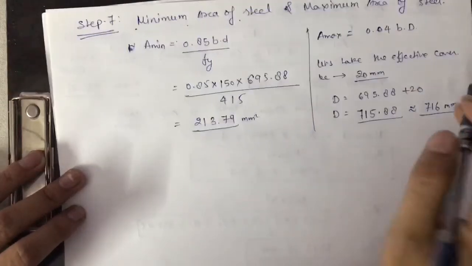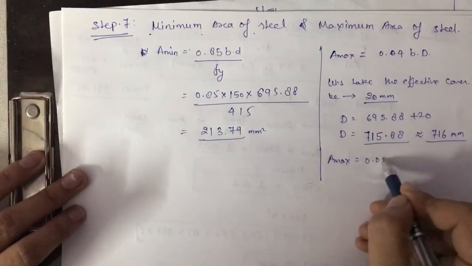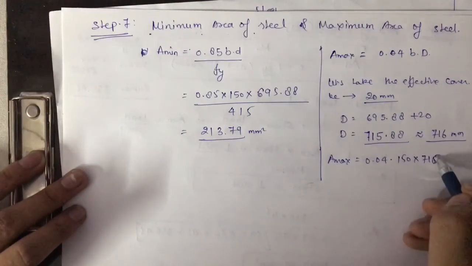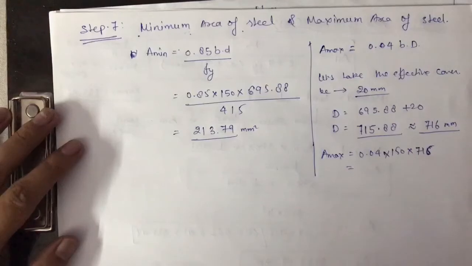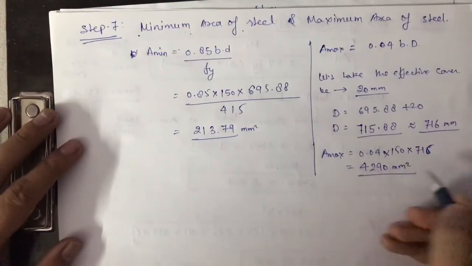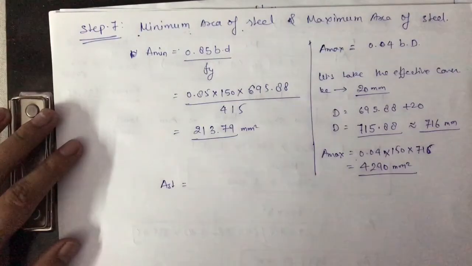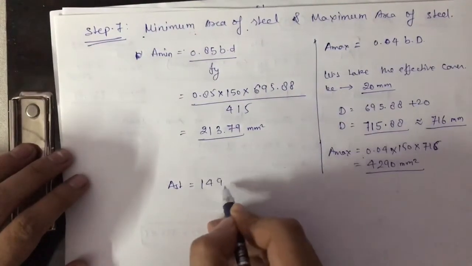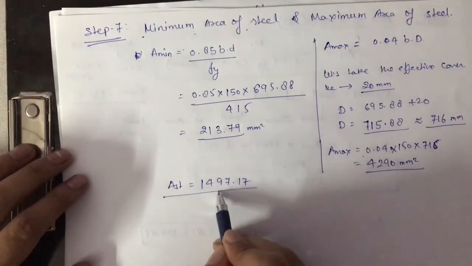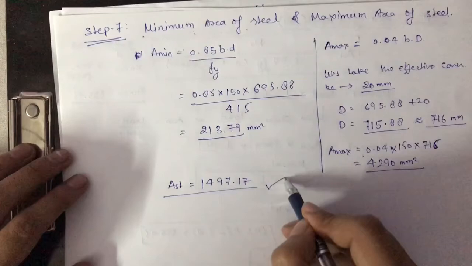Okay, so here we can find out the A max: 0.04 into 150 into 716. It is 4290 mm square. So our Ast was 1497.17, and this Ast is lying between the minimum area and the maximum area, so this Ast is adoptable.